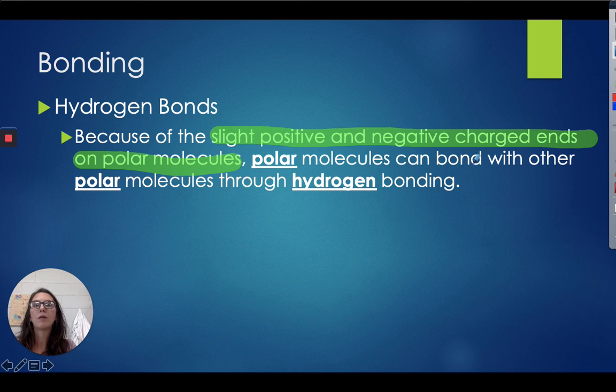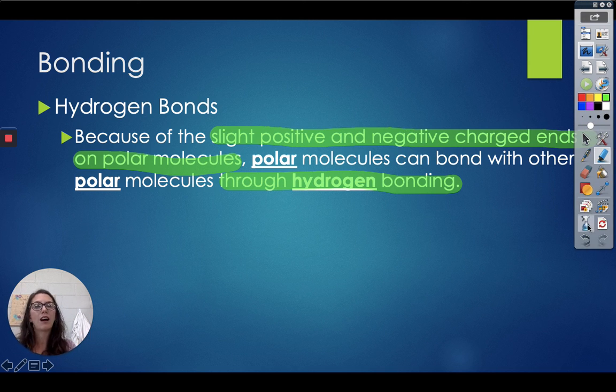And so then the polar molecules can bond with other polar molecules through hydrogen bonding. So you've got that slightly positive end of one molecule, slightly negative end of another molecule, and then they're going to form a bond with each other. It kind of reminds you of ionic bonds, but this has nothing to do with filling those outermost energy levels.